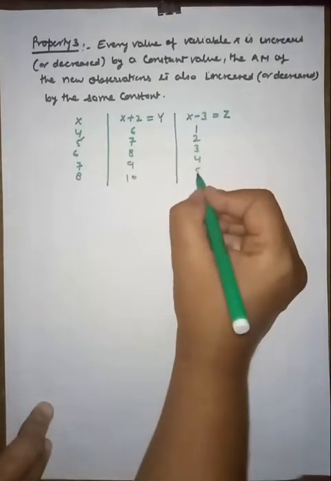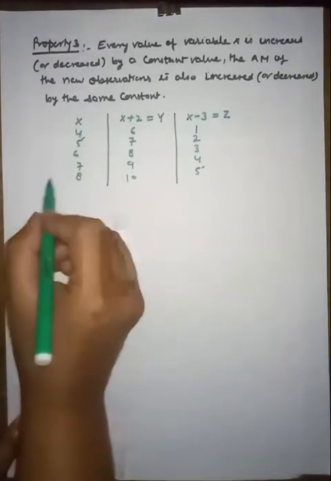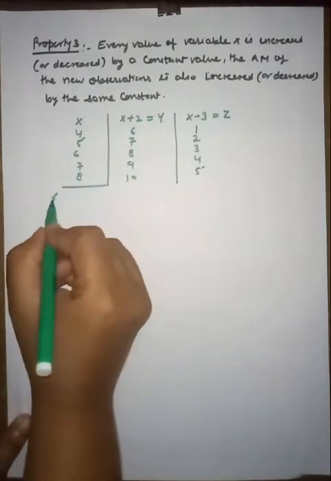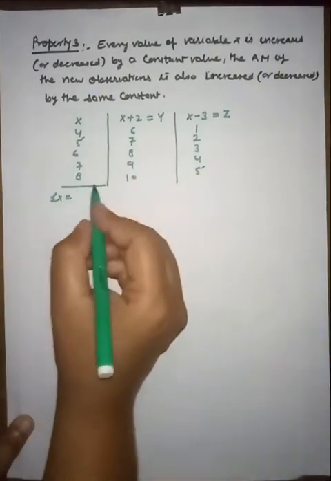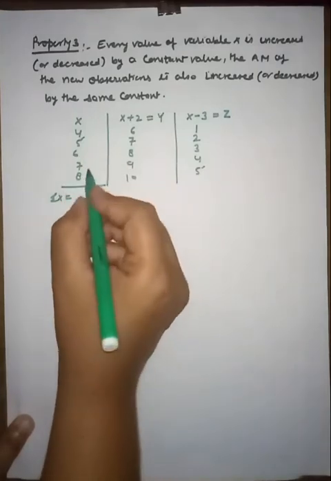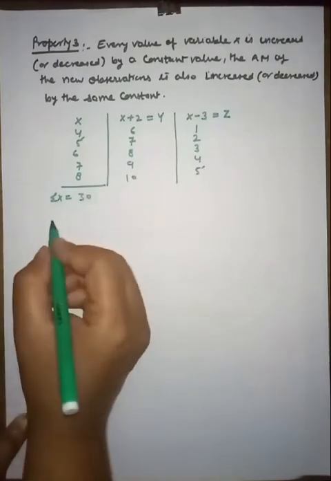Now you see, first we find the arithmetic mean of this column. So find the summation of x. Adding all values, this comes to 30, right?